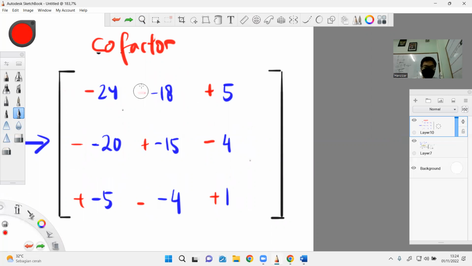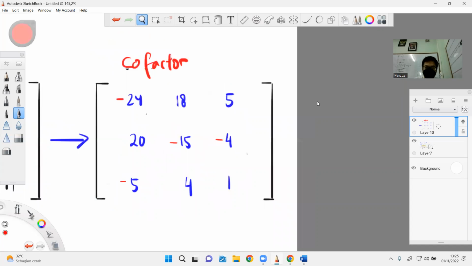With minus becomes positive. Positive, no need to put the sign. Just make it simple. Minus, minus, plus. Oh, no need to put the sign. And then plus 1, no need to put the sign.